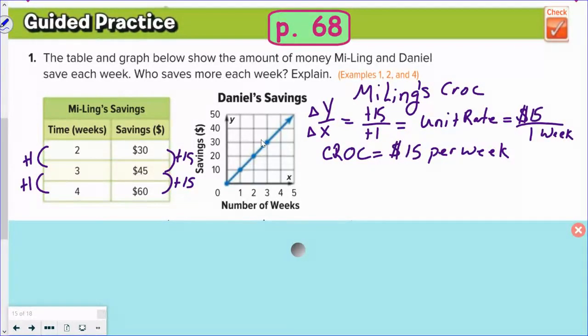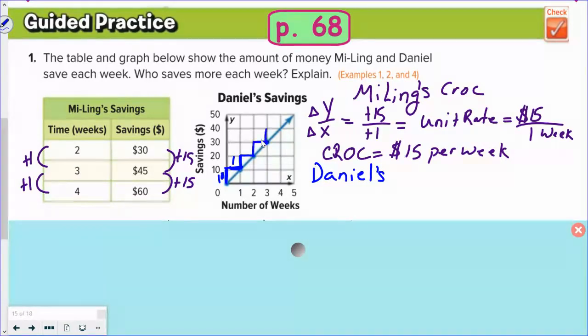Okay, so then we want to look at Daniel. So he goes up 10 and then over 1. So this is 10 and 1. Up 10 over 1.